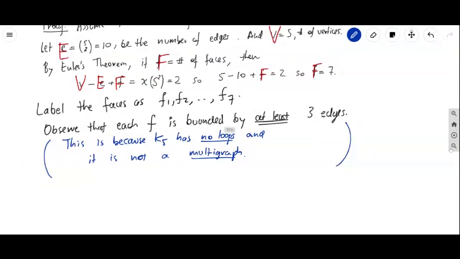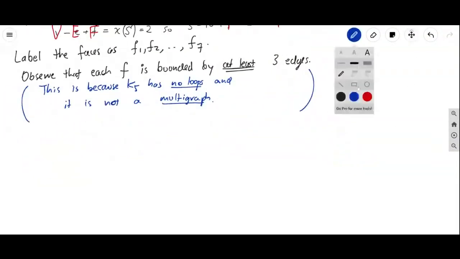So if you find this confusing, here's what you should understand. If you have a loop like this, so this is a loop, and this is F, then the degree of F would be 1, because the degree of a face is the number of edges that are contained in the face. So that would just be 1.